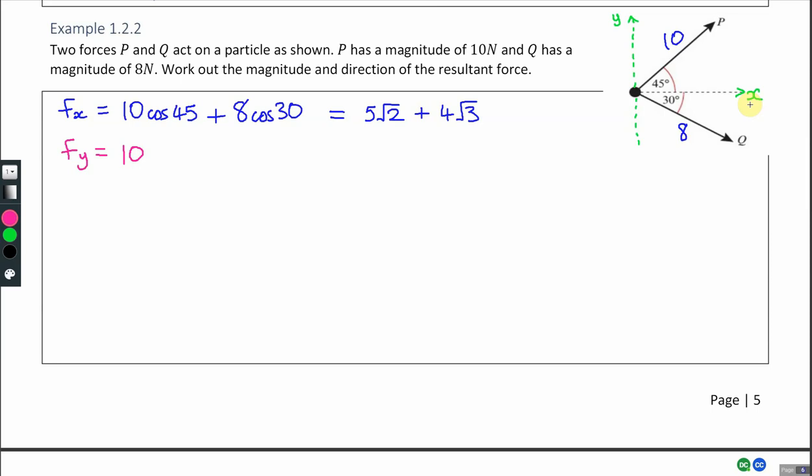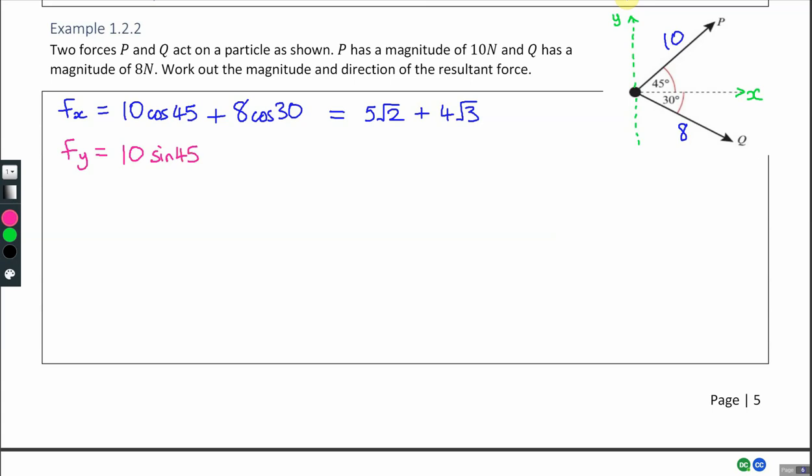So this 45 degree angle here is not adjacent to the vertical. If you want to, you could draw this on. That's now also vertical, and that's opposite the angle. So for those two reasons, we're going to use sine this time. Sine 45 degrees. So this would be 10 sine 45 degrees.